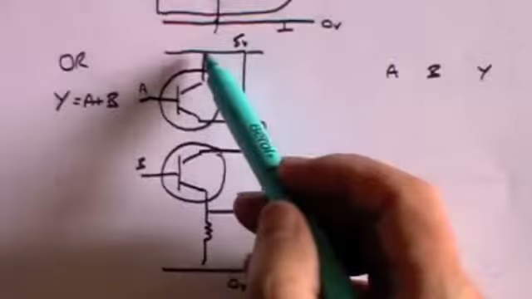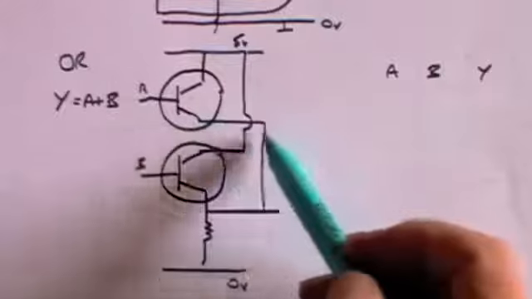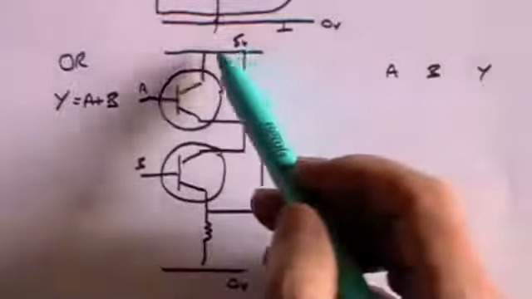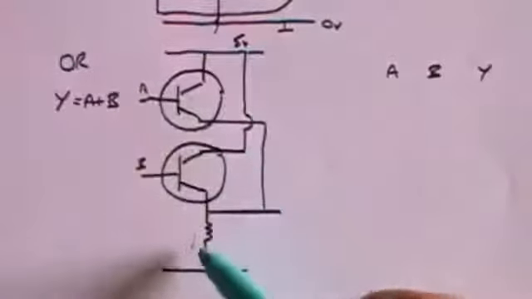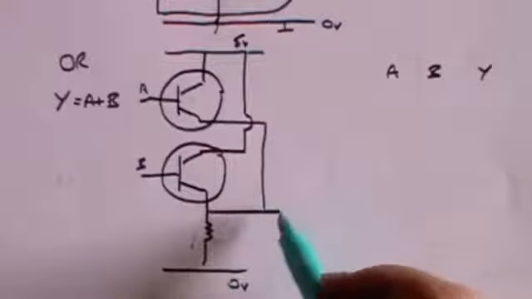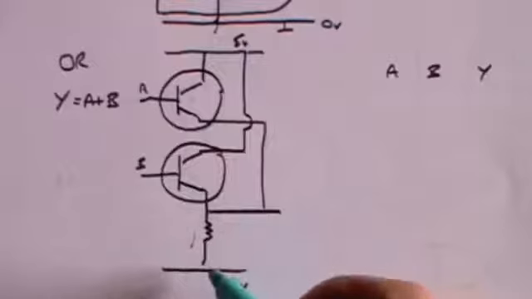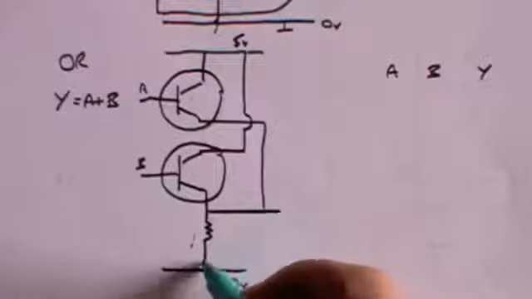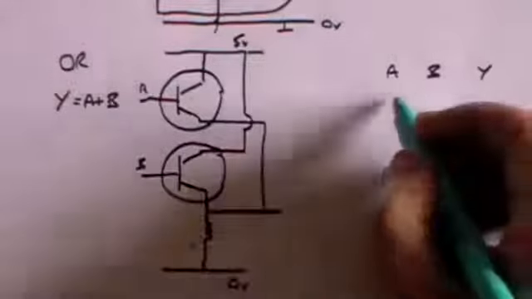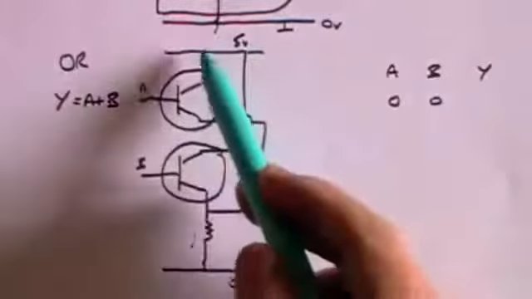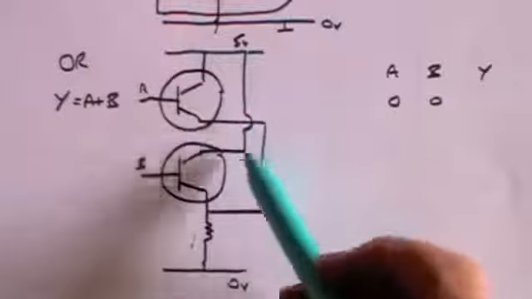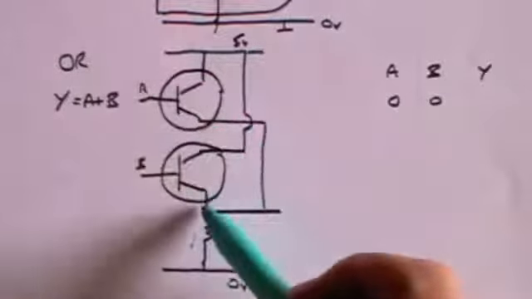That means that no current can flow this way and no current can flow this way. So in other words, this output line here will be at exactly the same voltage as here, and that's 0 volts. So if A and B are both 0, no current can flow through that transistor, no current can flow through that transistor, therefore the output is also naught.